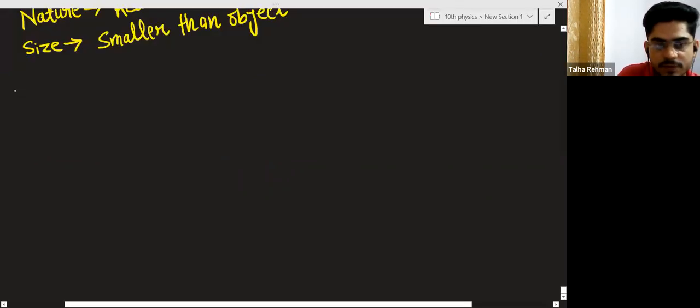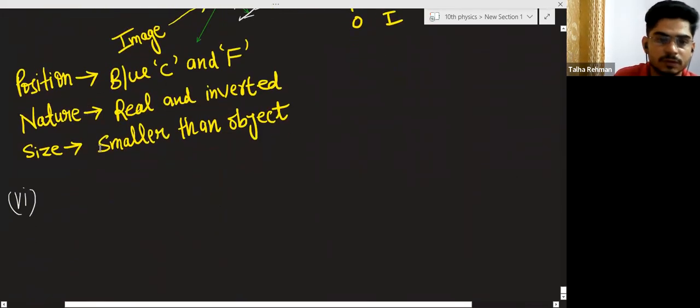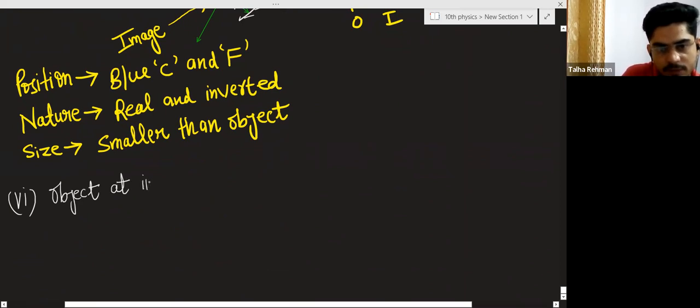This is point number 6. Object at infinity.